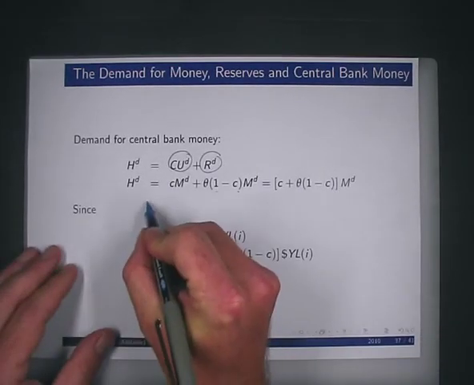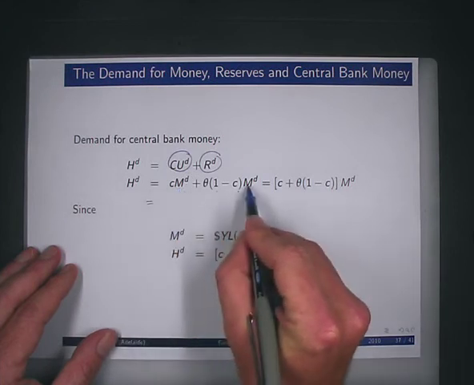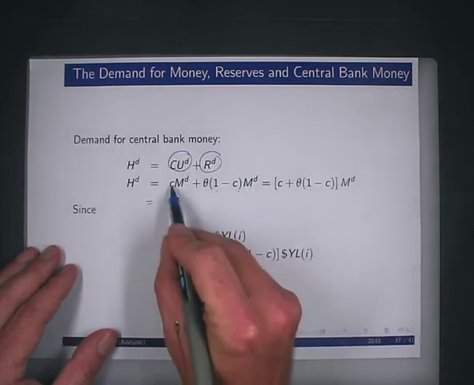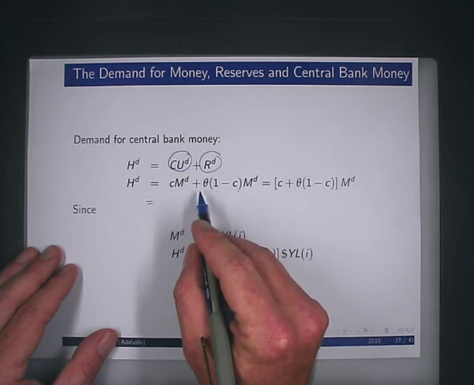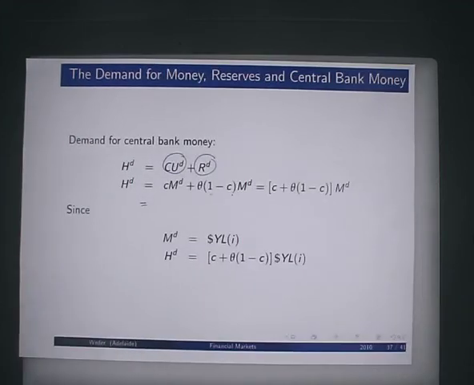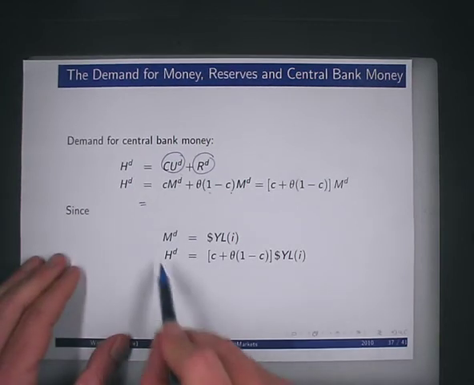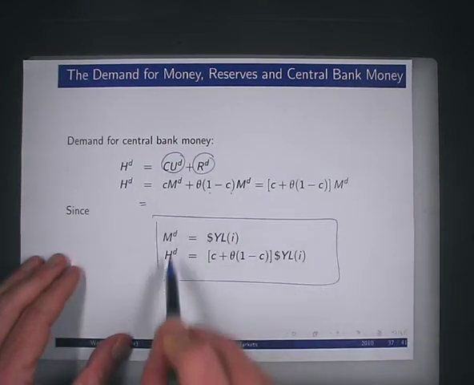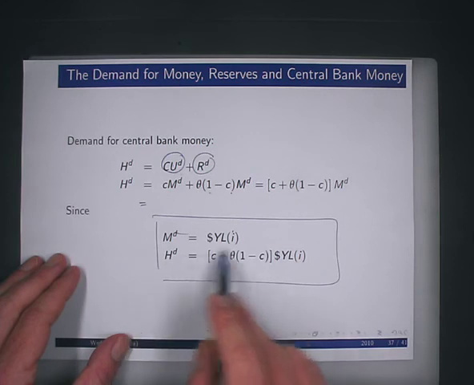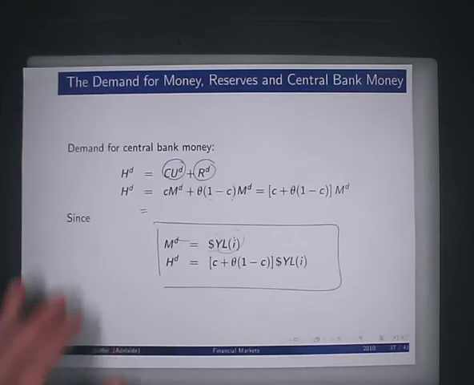So we can simply pull this out, and then we have c plus theta times 1 minus c, times the demand for money. That's simply what we had only last week.